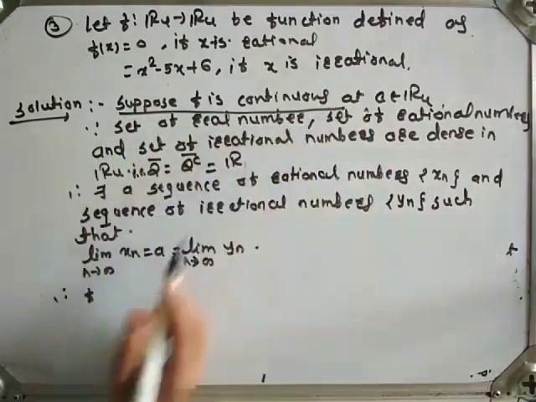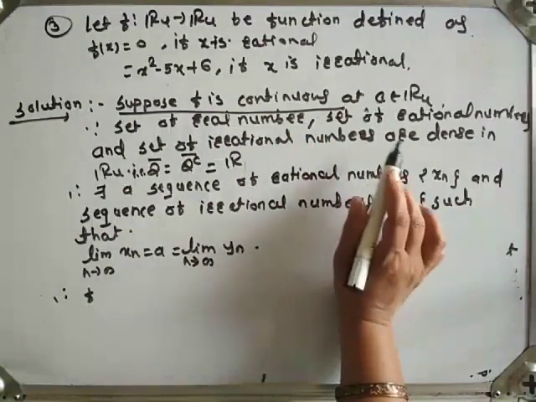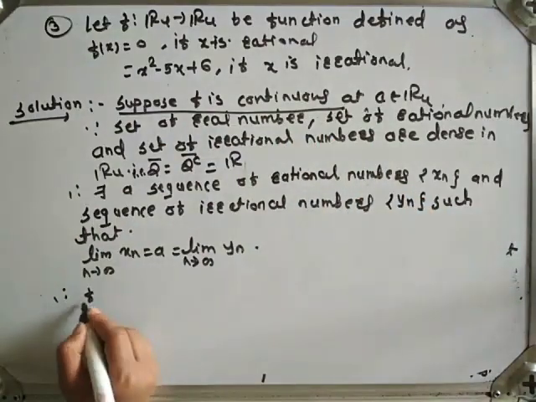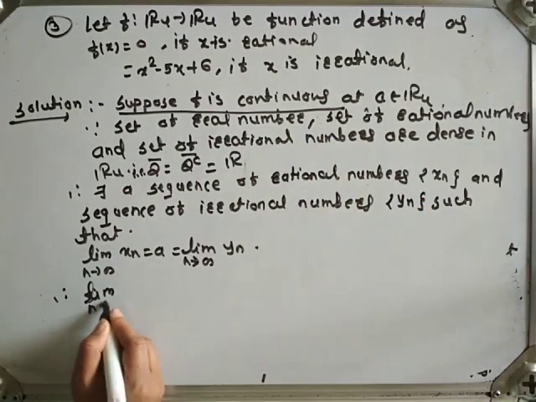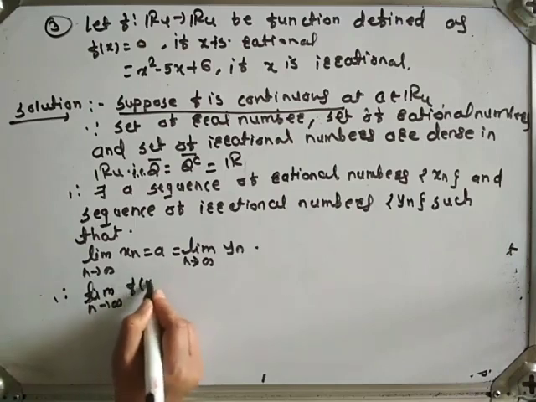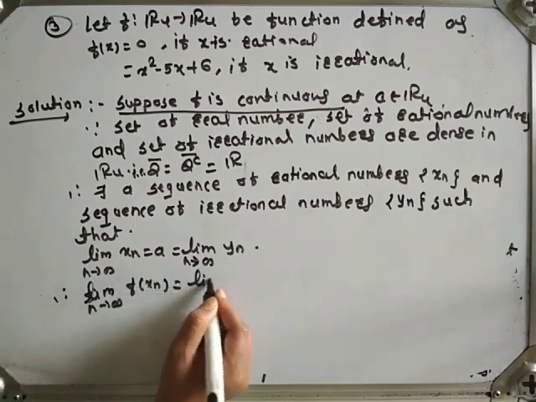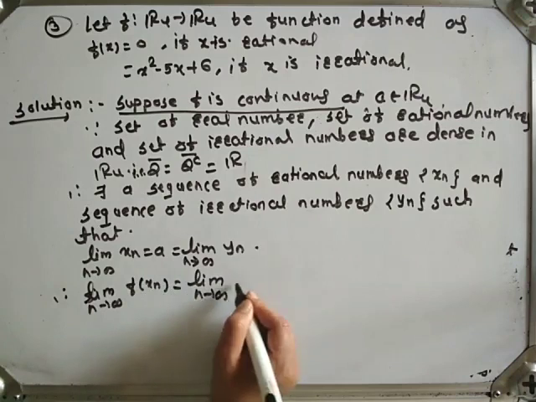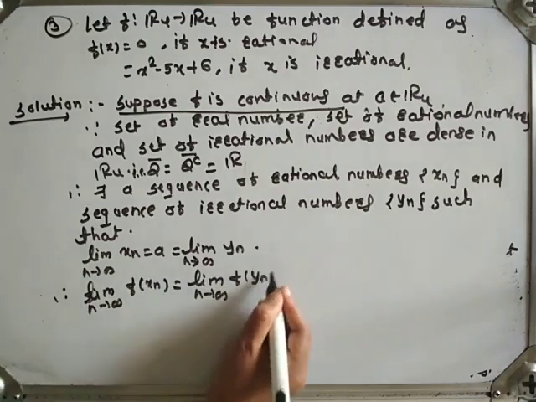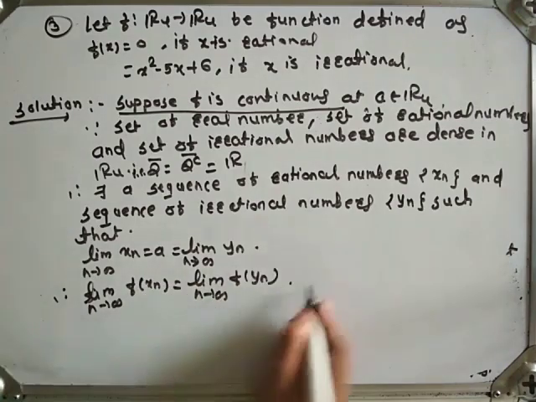Our assumption is f is continuous at a belonging to R. That's why limit of f of xn is equal to limit of f of yn. This is by theorem.